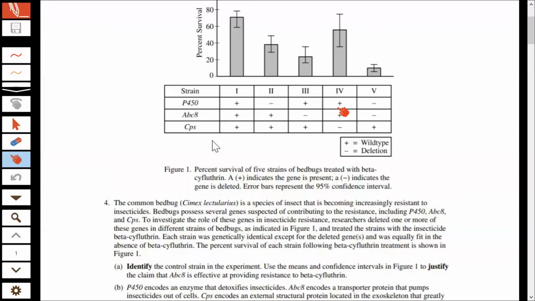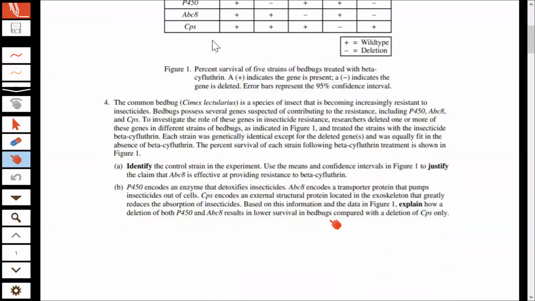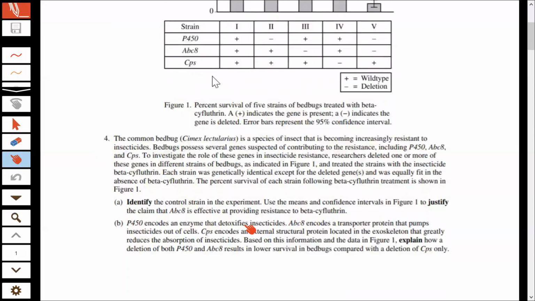So you can show that maybe even potentially P450 and ABC8 are incredibly effective at pumping out the insecticide, right, the combination of those two, both pumping out and detoxifying.